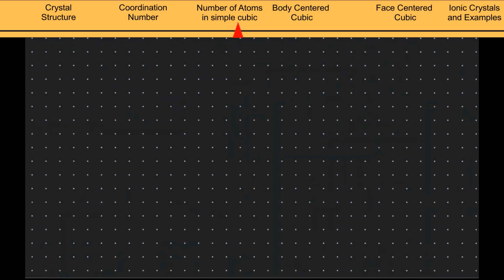If you want to look at the ratio of atom volume over the total volume of the unit cell, the unit cell volume is a cubed, and the atom volume is 4/3 πr cubed, right?